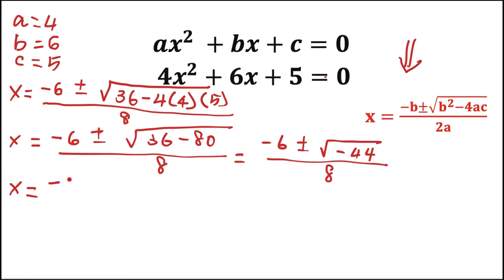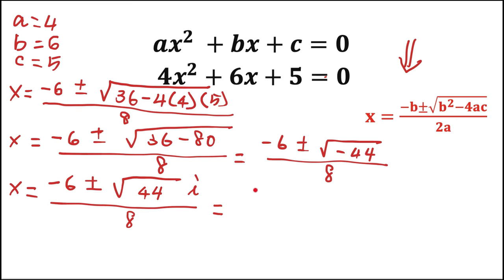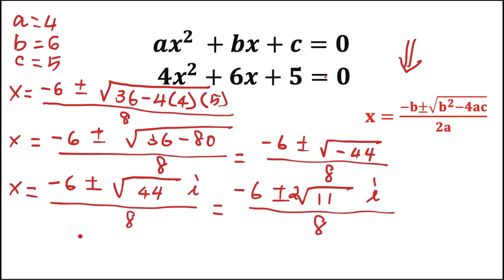x equals negative 6 plus or minus the square root of 44, and then i, all over 8. Then we simplify the square root of 44 to get negative 6 plus or minus 2 square root of 11, and then i, all over 8. Now every single term we can divide by 2.